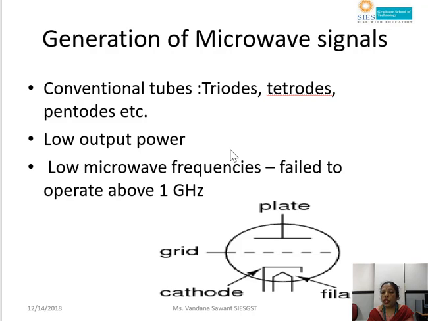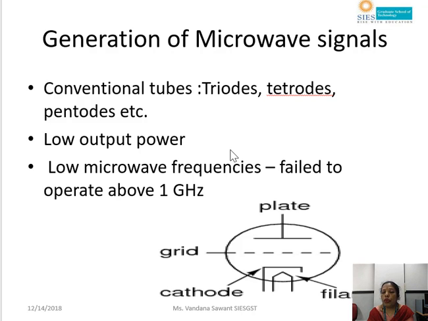For the generation of such signals, for low power we can use solid state devices, and for high power we can use conventional tubes like triodes, tetrodes, pentodes, etc. But triodes, tetrodes and pentodes have some limitations. If we use these devices for frequencies higher than 1 gigahertz, they fail to operate.